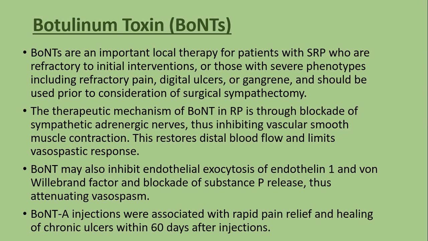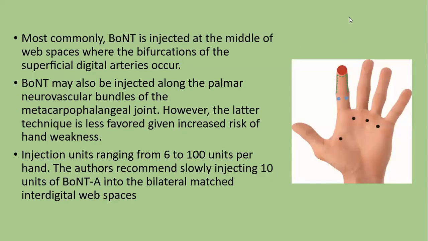Botulinum toxin also inhibits the endothelial exocytosis of endothelin 1 and von Willebrand factor and blocks substance P release, thus stopping the vasospasm. It is associated with rapid pain relief and healing of chronic ulcers within 60 days after injection.